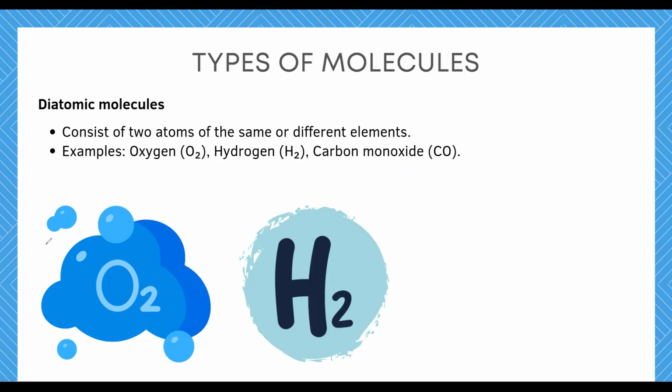For hydrogen, there is one element, two atoms. Okay. Carbon monoxide is two elements, which is carbon and oxygen, and they both have one atom. Beautiful. So we have two elements over here, and the number of atoms are also two.